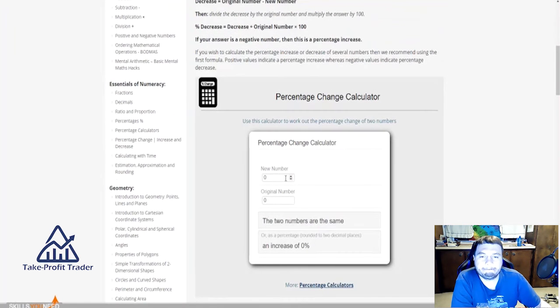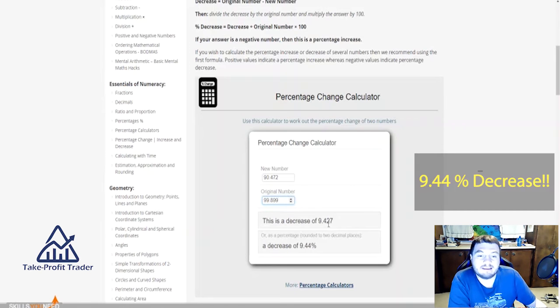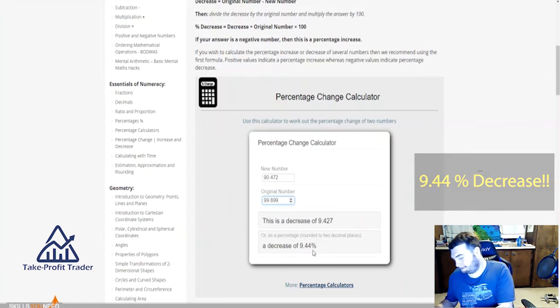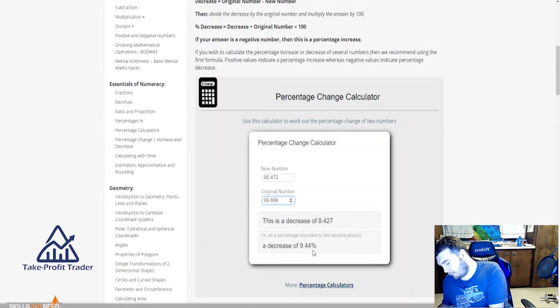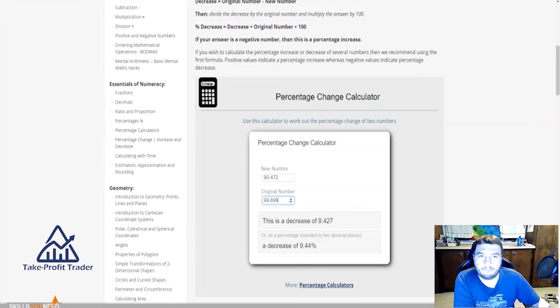So this is a decrease of 9.44%. It's almost 10%, 9.5%.